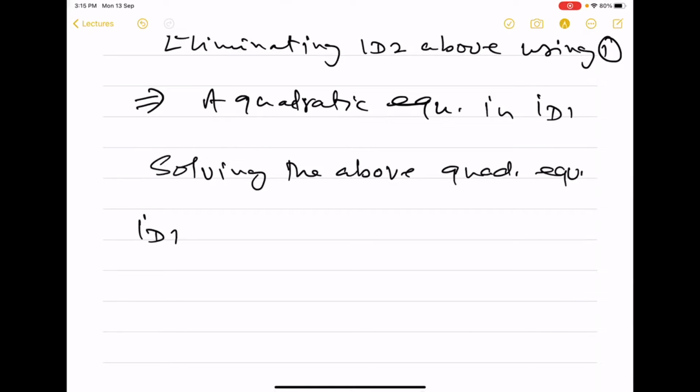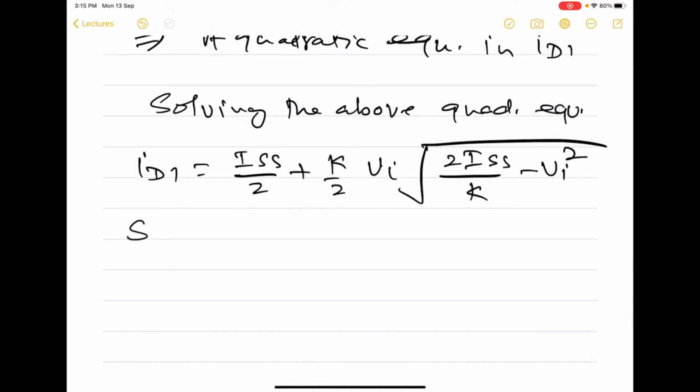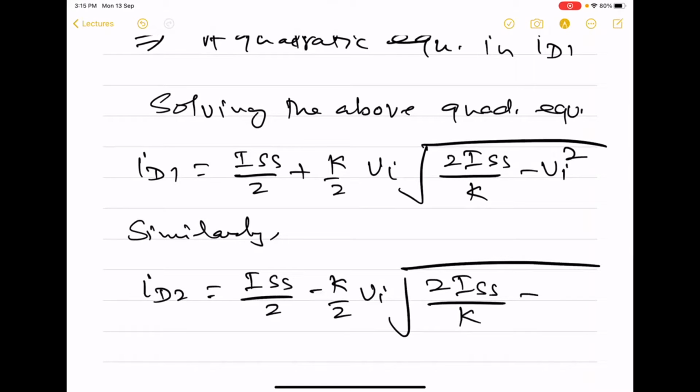If you solve that quadratic equation, that will give rise to ID1 as ISS by 2 plus K by 2 VI into square root of (2 ISS by K minus VI whole square). We have already defined what K is. Similarly, we get ID2 as ISS by 2 minus K by 2 VI square root of (2 ISS by K minus VI square).